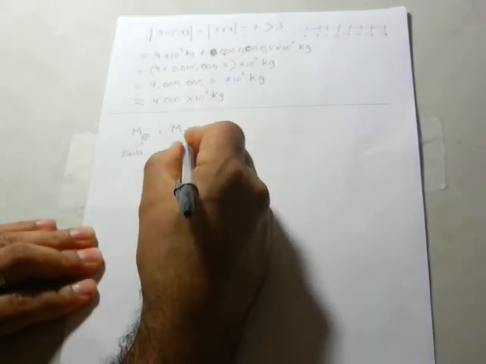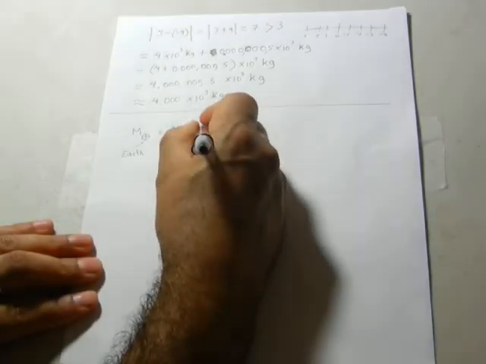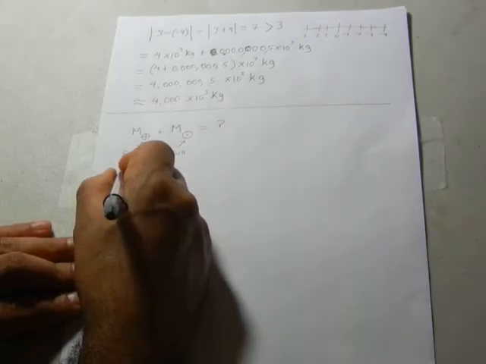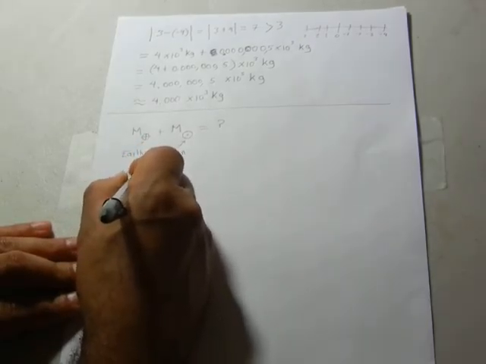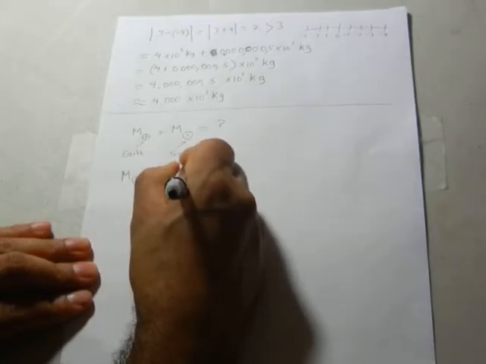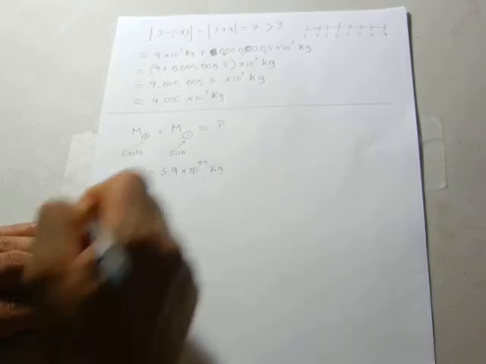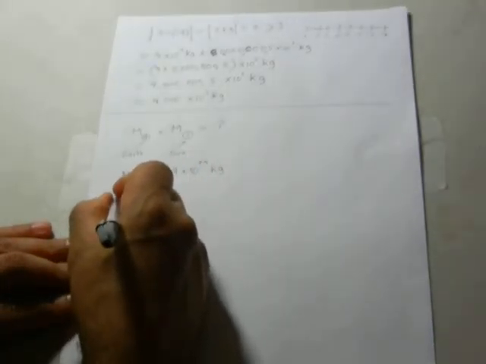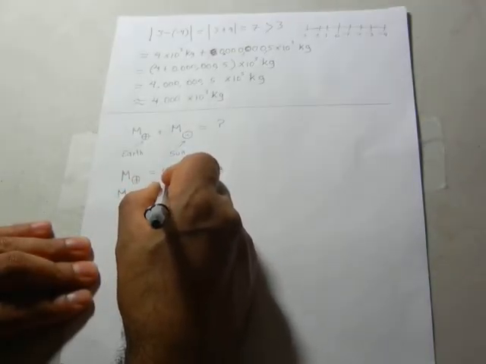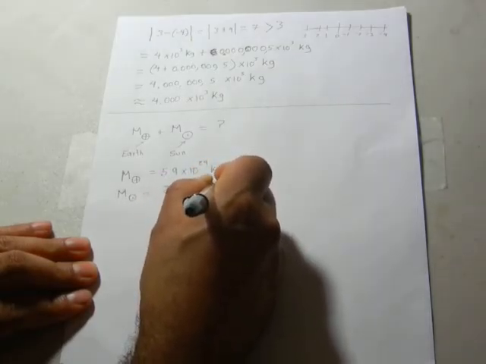This symbol, a circle with a dot, expresses the Sun. How much is that? First, let's think. The mass of Earth, if my memory is good, is 5.9 times 10 to the 24 kilograms. And the mass of the Sun is 2 times 10 to the 30 kilograms.